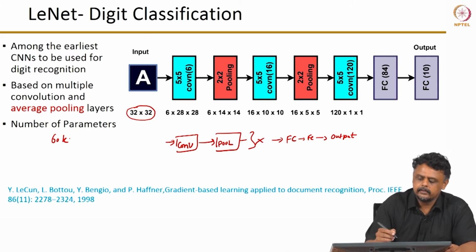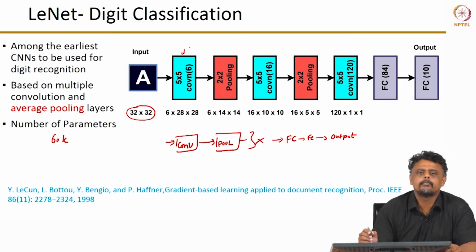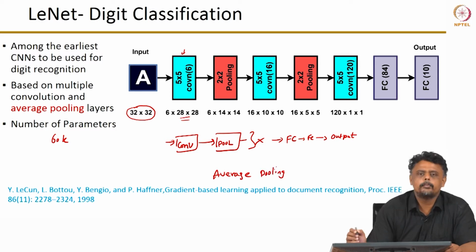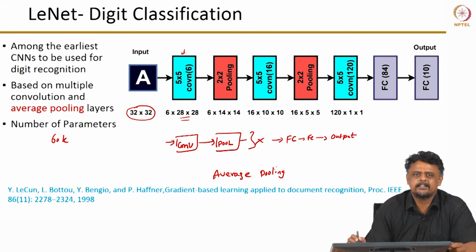For instance, the first layer had a 5 by 5 convolution, no zero padding, which gives rise to a 28 cross 28 output, followed by a 2 by 2 pooling. This is an average pooling operation, basically 2 by 2 average pooling with a stride of 2.